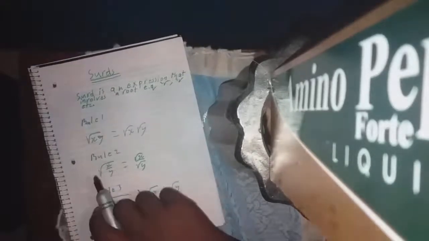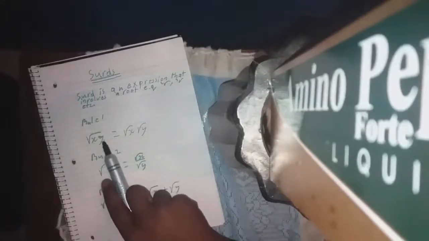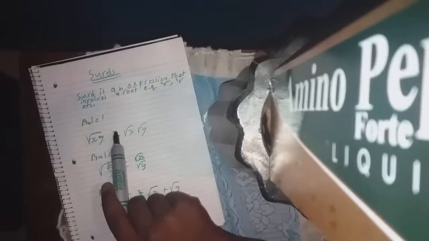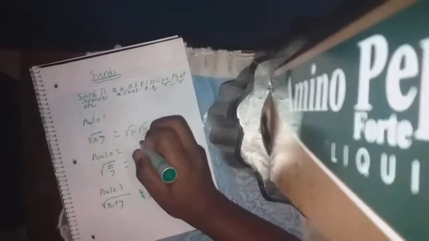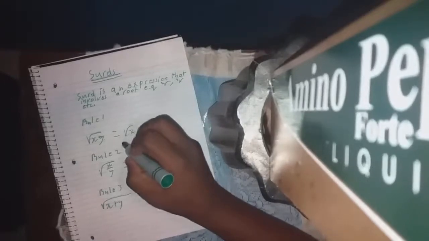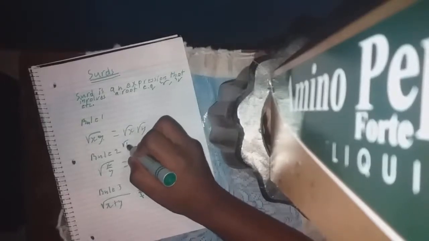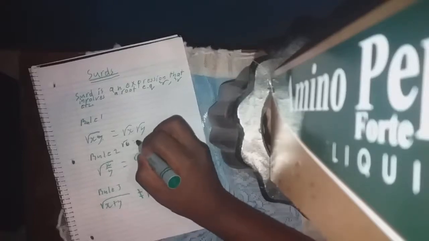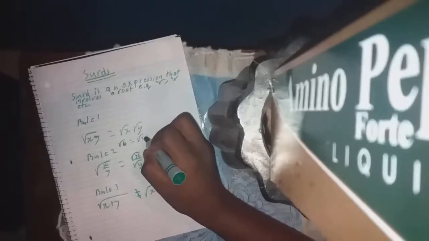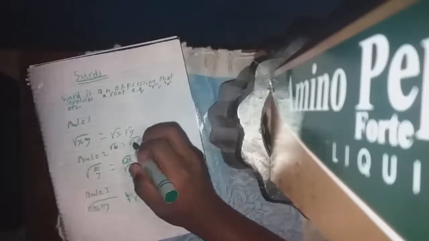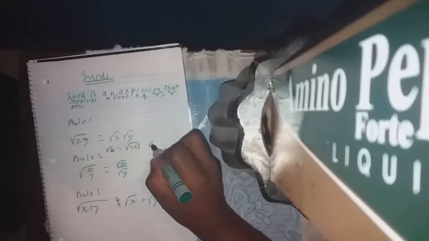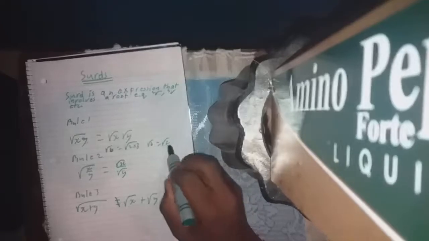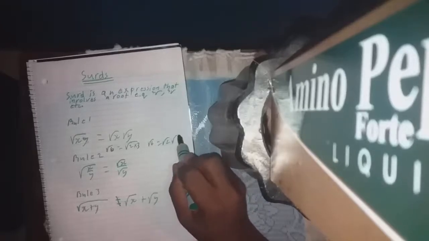Now, rule 1 of surds says that the root of xy is equal to root x times root y. So a way to show this would be that you take root 6 and split it up into root 2 times root 3, and so root 6 would be equal to root 2 times root 3.